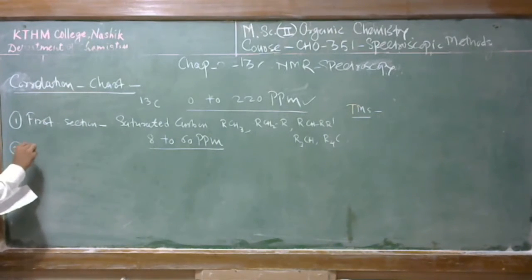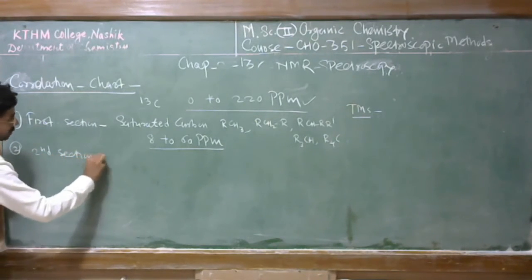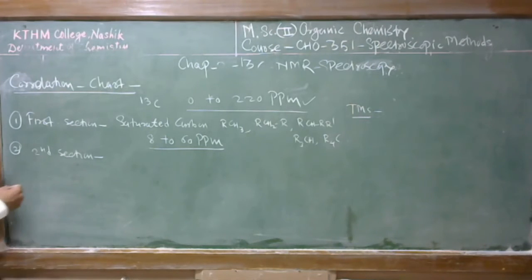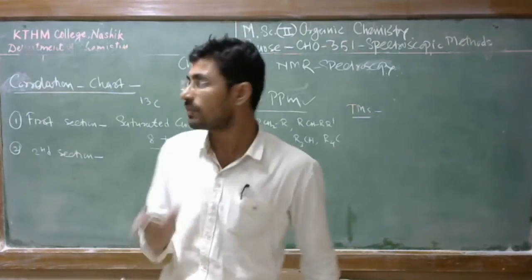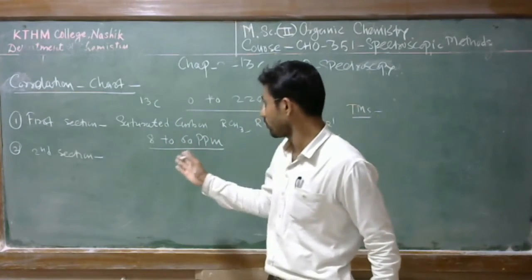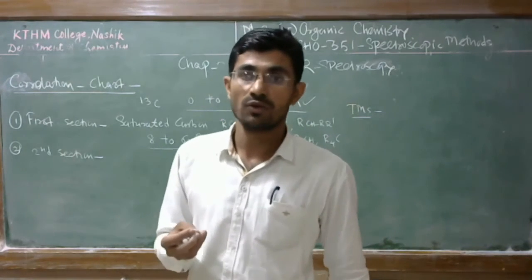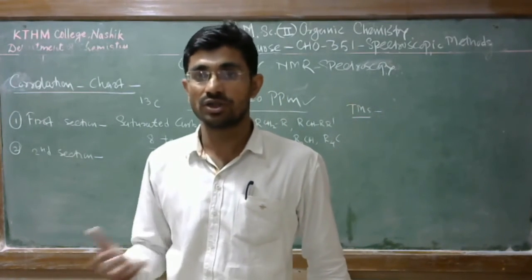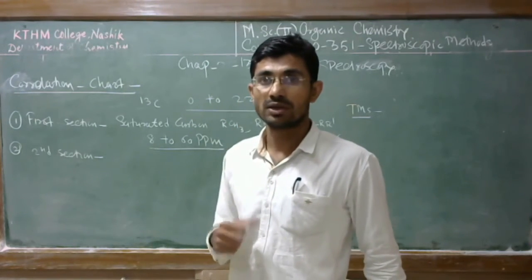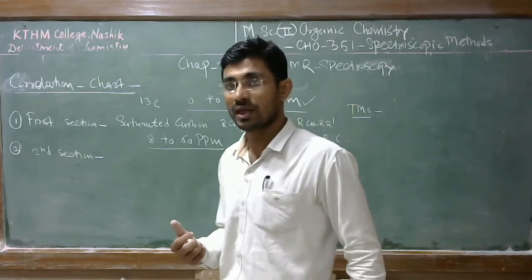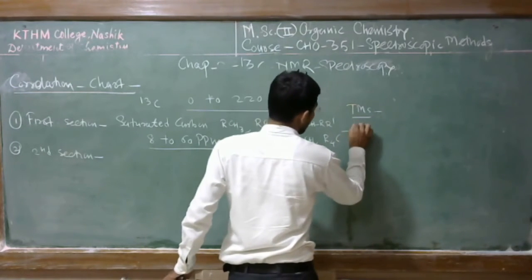Second section includes the effect of electronegative elements. When an alkyl group, which is present in the first section, is attached to an electronegative element like oxygen, fluorine, chlorine, bromine, iodine or nitrogen, we can observe a downfield shift in chemical shift value.